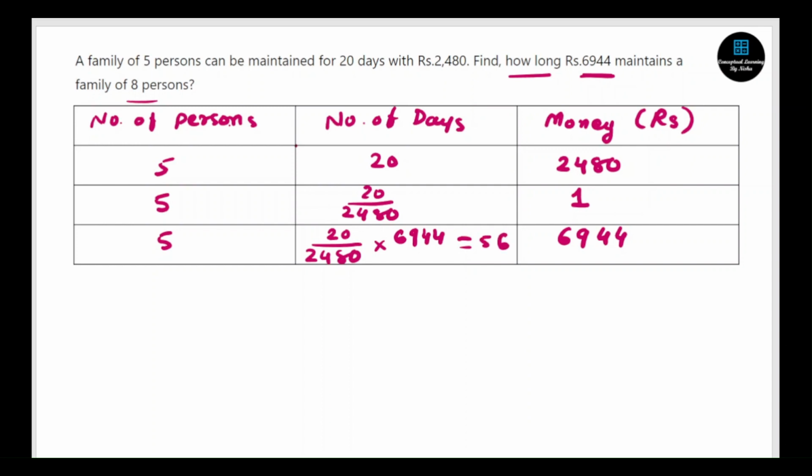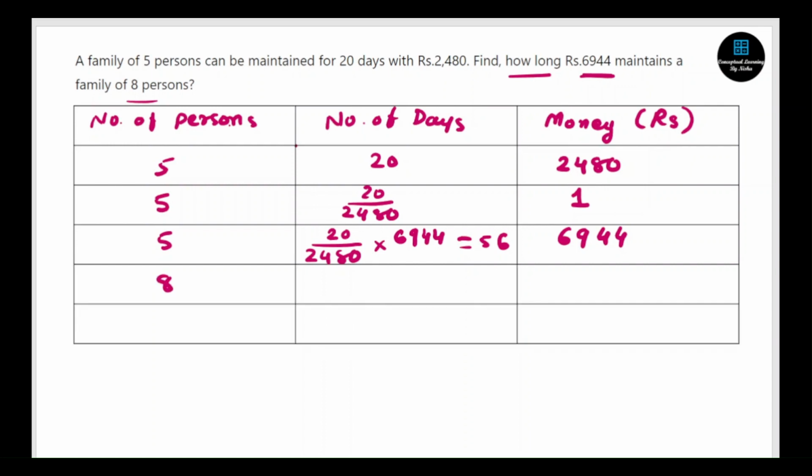Now the next thing is we have to find for 8 persons. Number of persons and number of days: if the number of persons increases, the number of days for the same money decreases. So they are in inverse proportion.